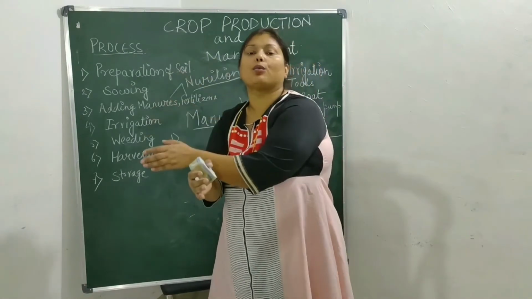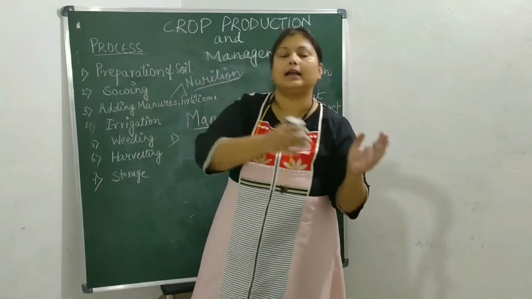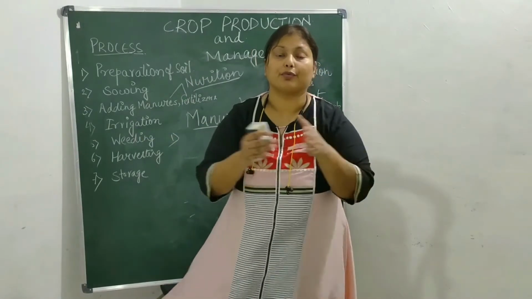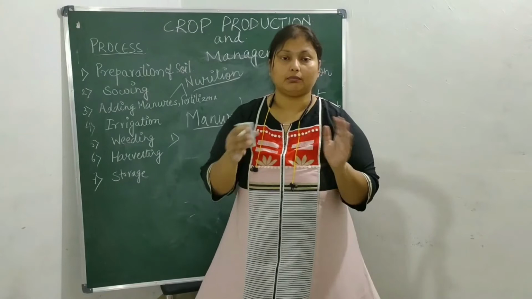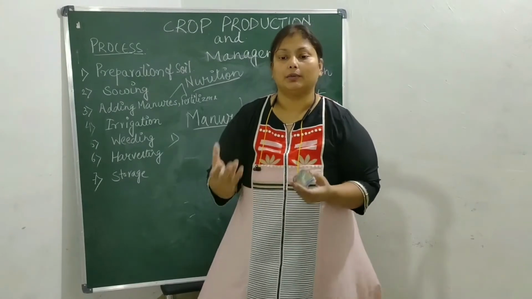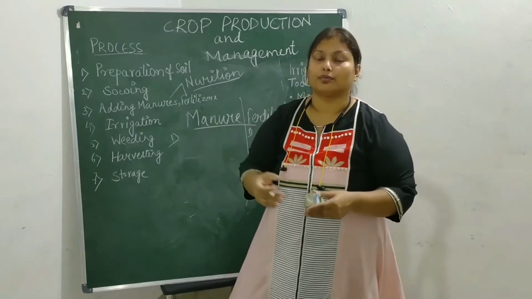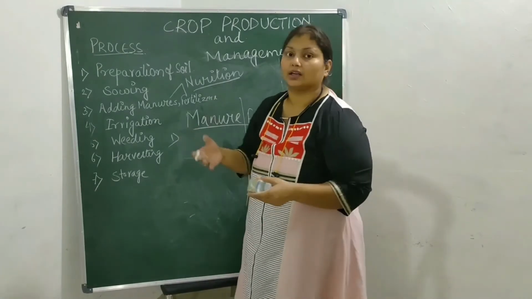Then again I grow wheat, and again alternately two types of crop are grown, which maintains the level of the particular nutrient required by the soil or by the growth of the plant. So this is crop rotation.